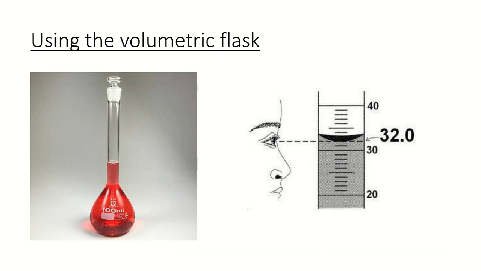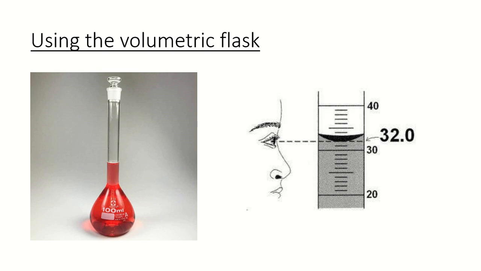So, actually using the volumetric flask, this might be quite new because it's the first practical, the first one you're going to use a volumetric flask for. But like I said before, a volumetric flask has a graduation mark, right?